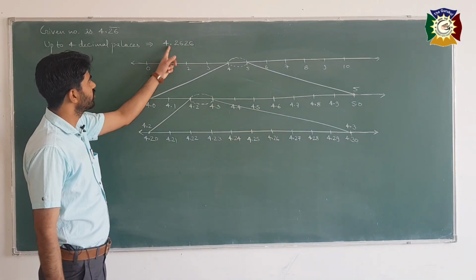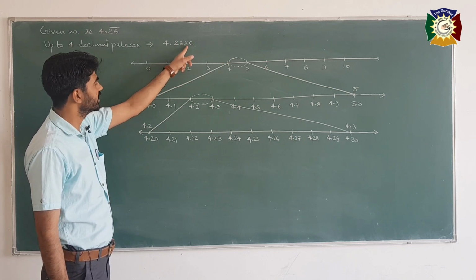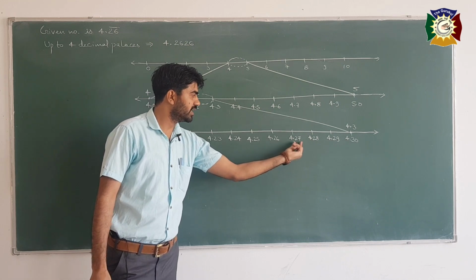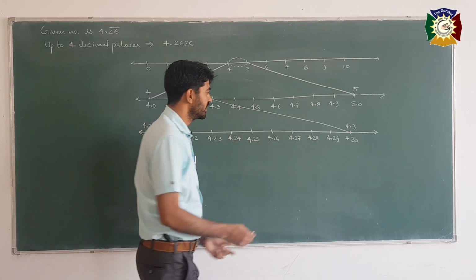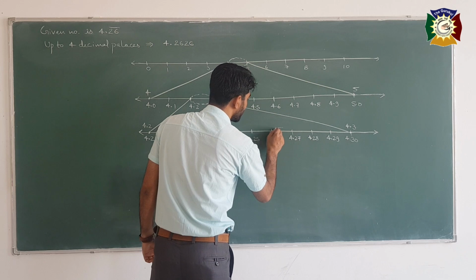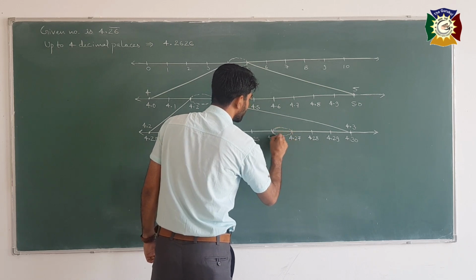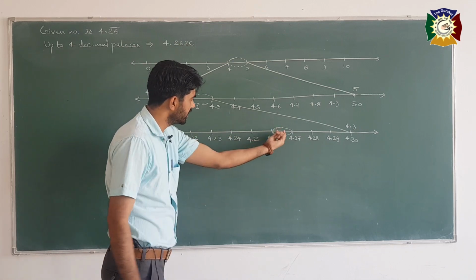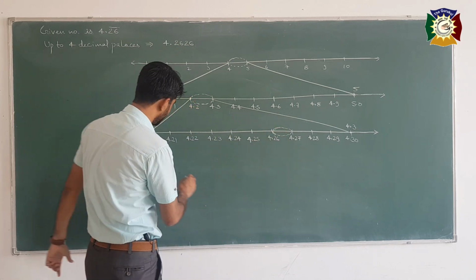Now our number is 4.262. It means it is greater than 4.26 and less than 4.27. It means the number is somewhere here in this gap. So again this gap is to be magnified.